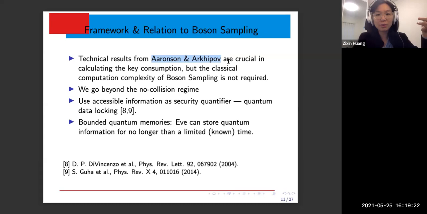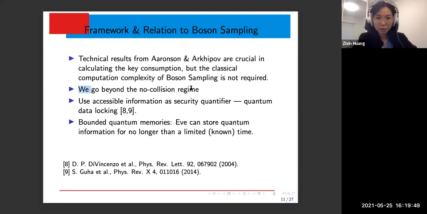In the Boson sampling regime, these are crucial to calculating the key consumption, but the classical computational complexity of Boson sampling is not required in the security proof. We argue that this is a strength of the protocol because we don't need to rely on the classical computational complexity.